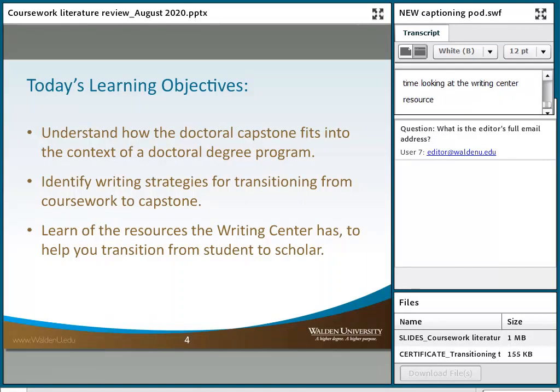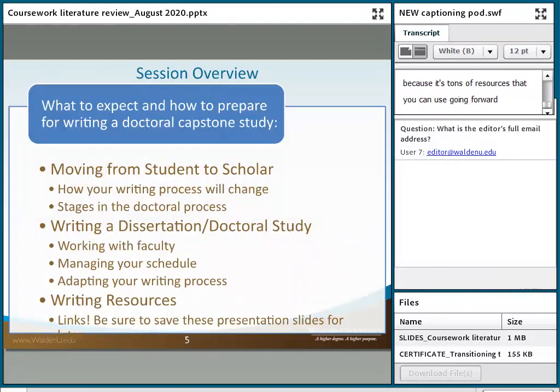And then the last thing we're going to talk about is we're going to spend some time looking at the Writing Center resources that we have for you, as well as some resources that are outside of the Writing Center, so that hopefully, as you start moving through this process, you do retain, take these slides down from the Files Pod, take that other document down from the Files Pod, because it's tons of resources that you can use going forward.